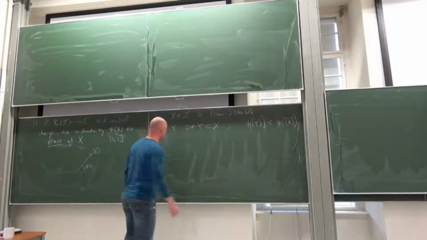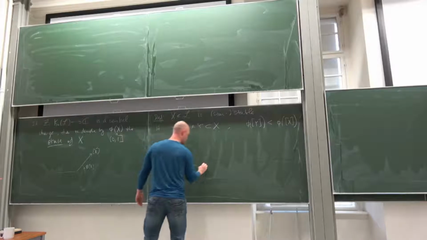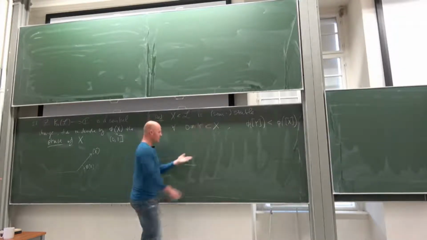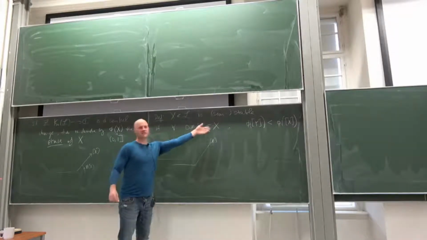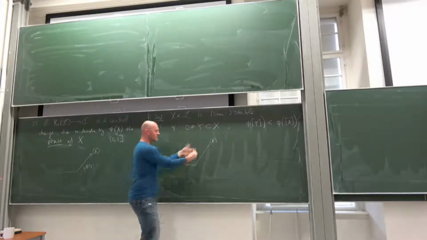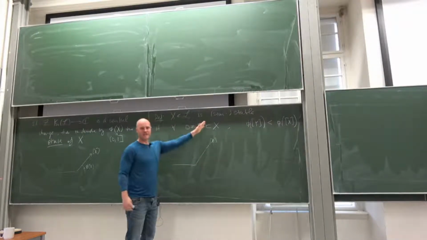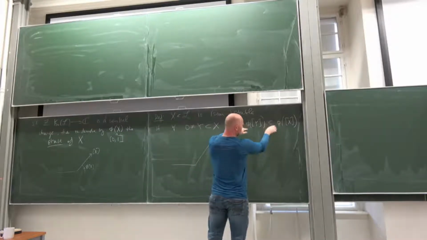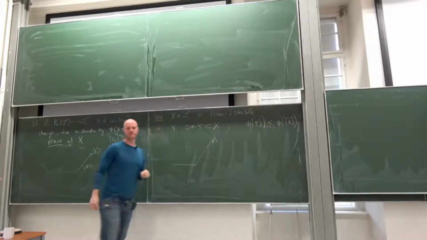What's the picture here? You have an object X, and you look at its class in the Grothendieck group. Under the central charge, that's some vector. The class of X is here. You look at all the sub-objects of X. Their classes are some other vectors under the central charge, and you see where they lie. The object X is stable when the strict inequality holds, and semi-stable if we weaken it to less than or equal to.